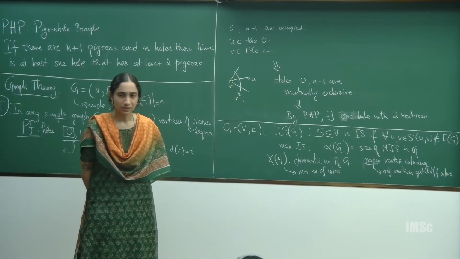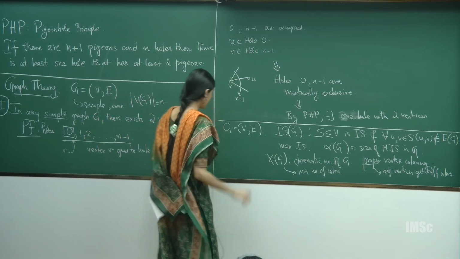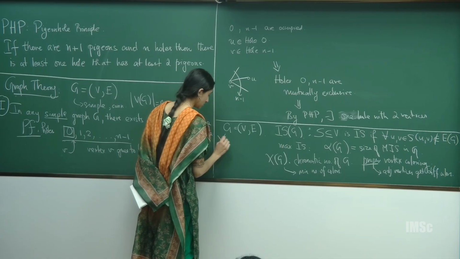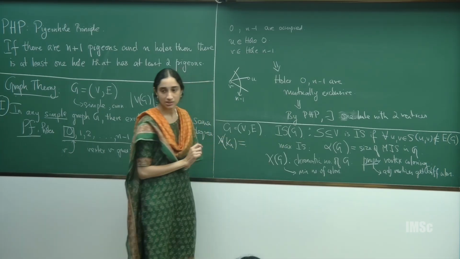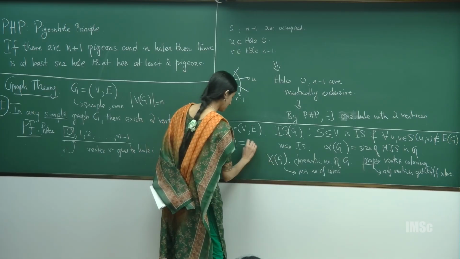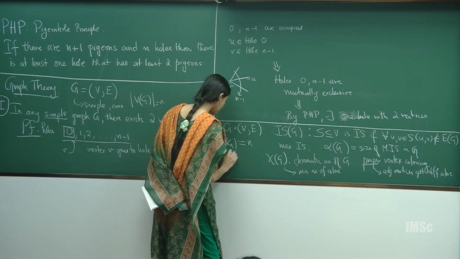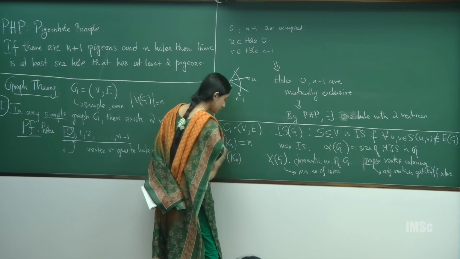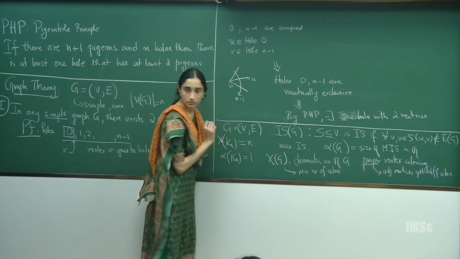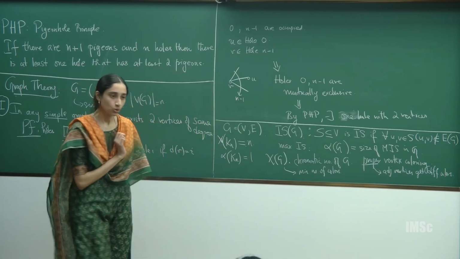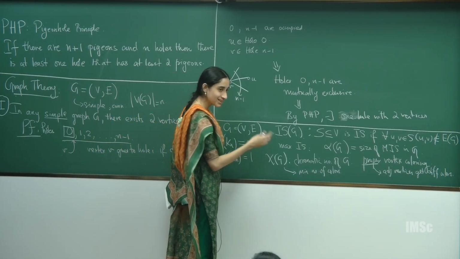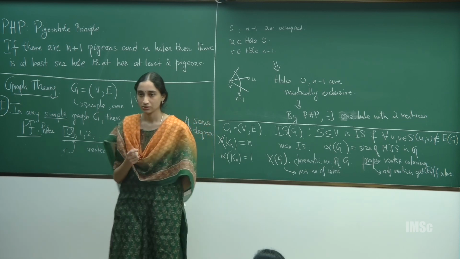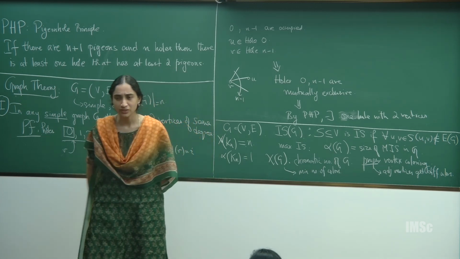So what is the chromatic number of a complete graph? This is chi, okay. I'm writing it as x. What is the independence number of it? Right. So this should sort of hint. The larger the independence number, what can you say about the number of colors?